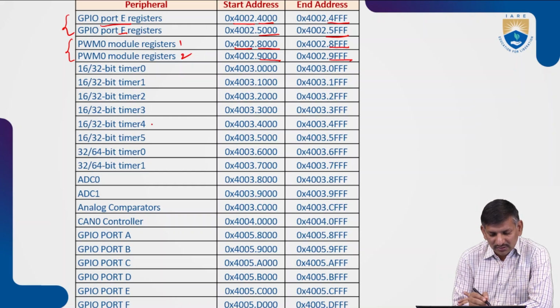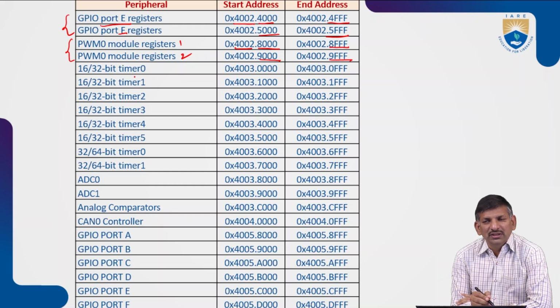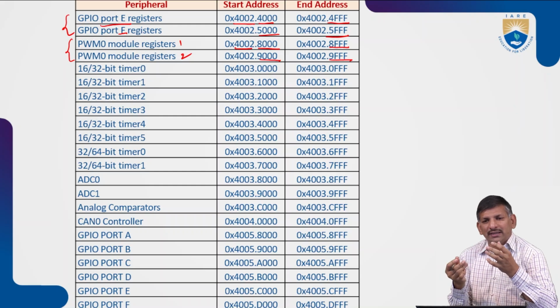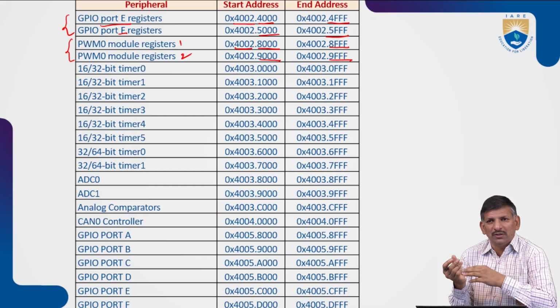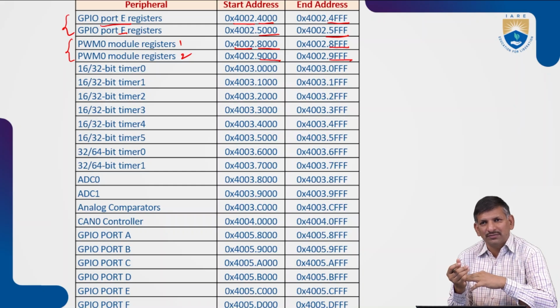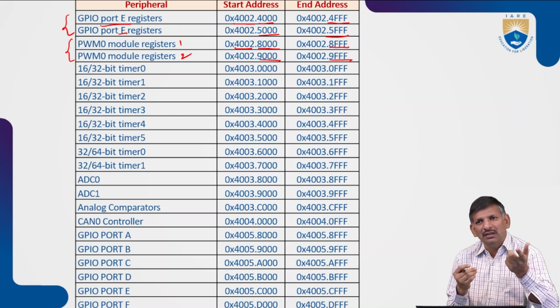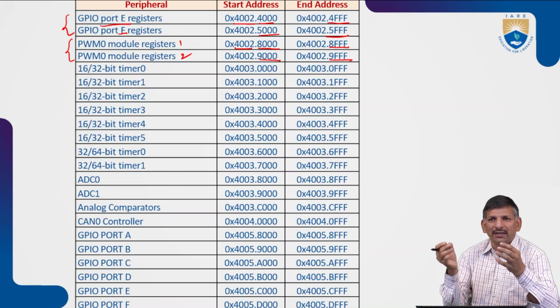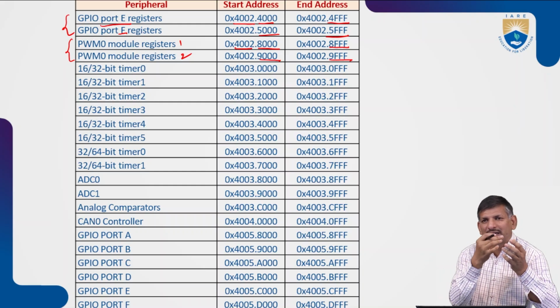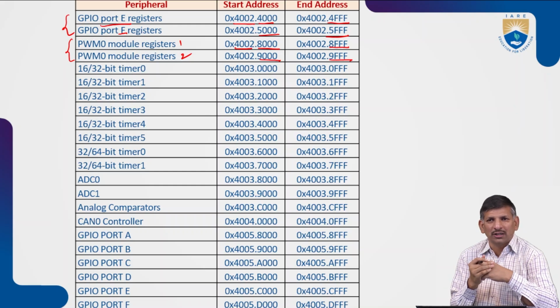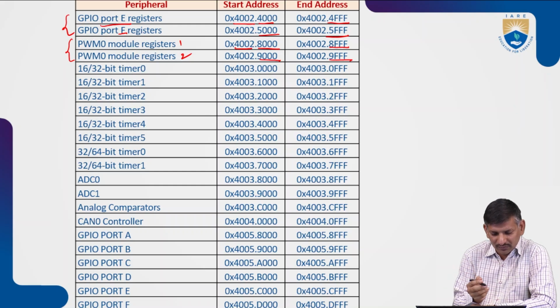Next, we can use these timers as either concatenating two 16-bit as 32-bit register or two 32-bit registers as 64-bit timer register based on our requirement. We can use these registers as 16-bit timer or 32-bit timer or 64-bit timer. Based on that, we can concatenate, means adding these two registers and get the 64-bit or 32-bit information.